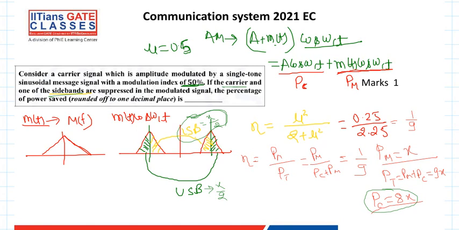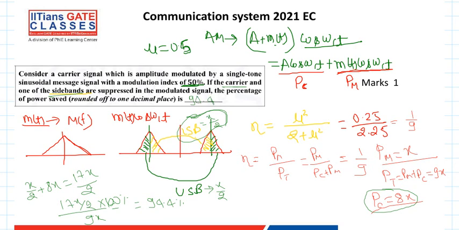The total power removed is x by 2 plus 8x, which equals 17x by 2. In terms of percentage, how much power have we saved? That will be 17x by 2 upon the total power 9x, multiplied by 100, which comes out to be 94.4%.